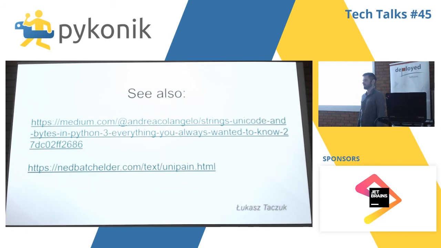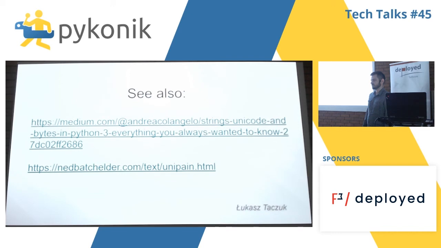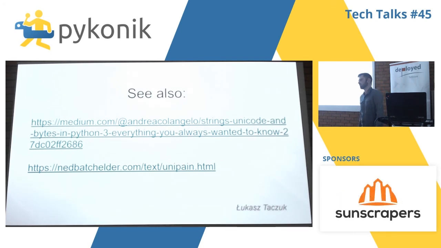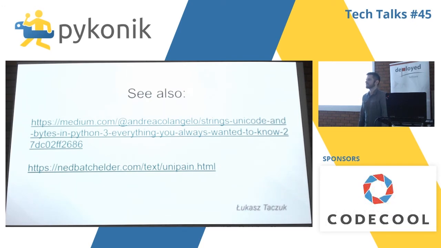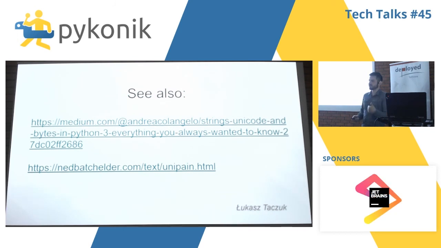The question was whether I know anything about the internal representation of the Unicode type in Python 3, how much more memory hungry it is than in Python 2, and whether it's implementation dependent. Ooh, that's a tough question.